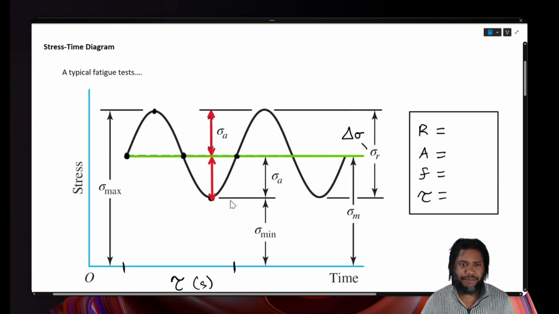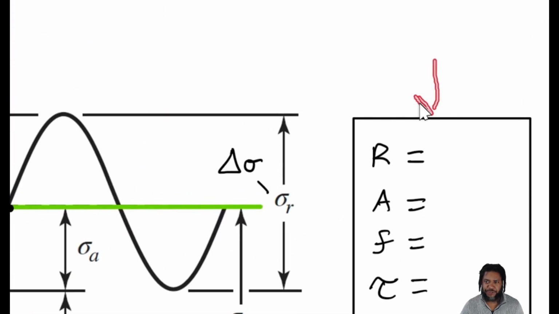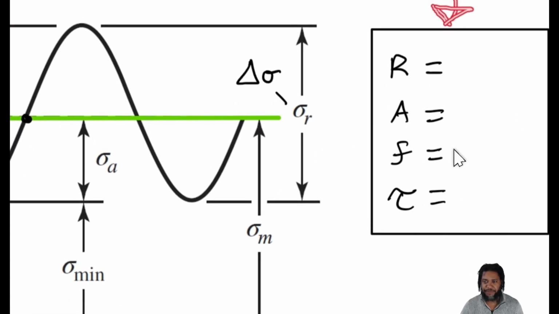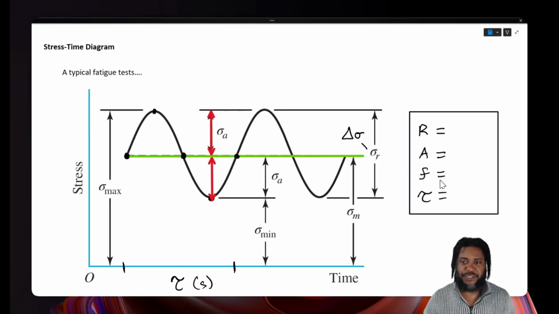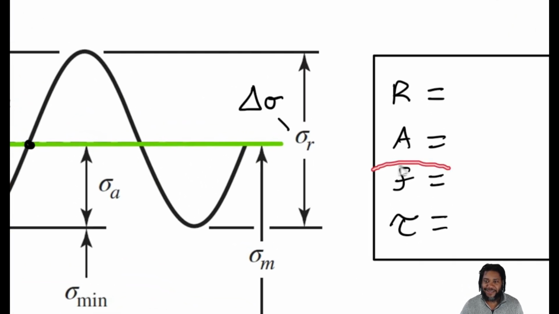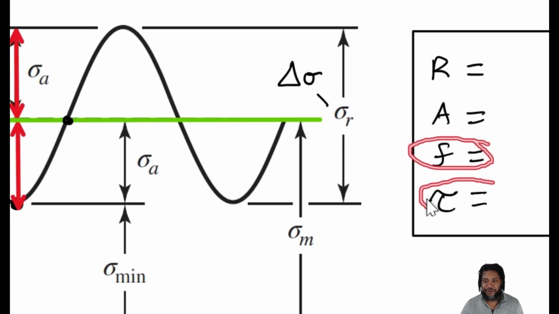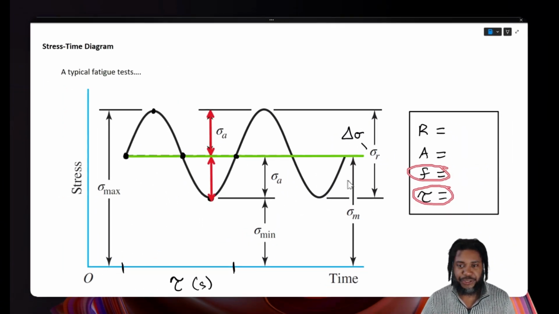Another important parameter that we need to note, and that would go into our legend for this diagram, is the frequency. What is the frequency of cycling? That is 1 divided by the period, measured in hertz.